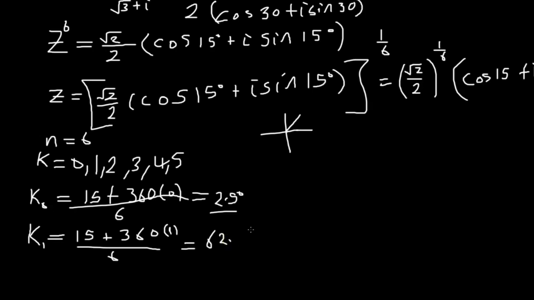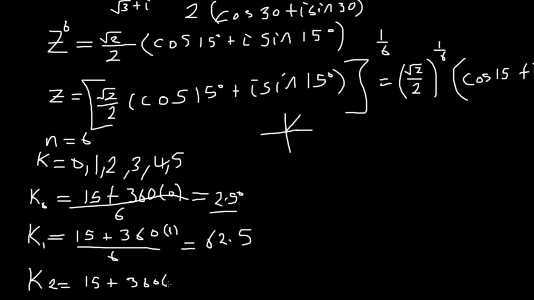62.5. Then when your k is equal to 2, the argument is going to be 15 plus 360 times 2.